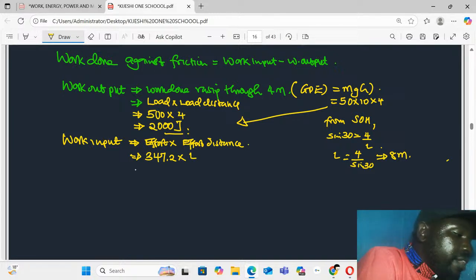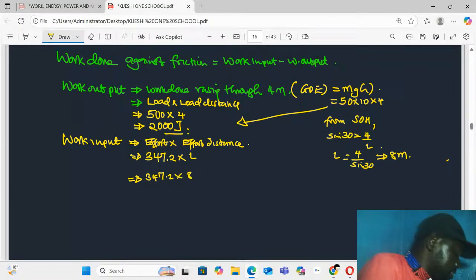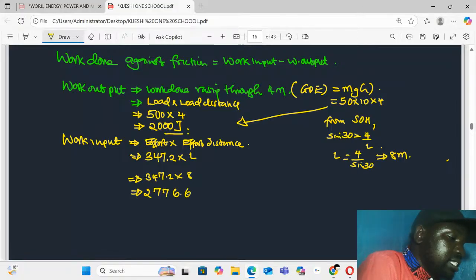So now this becomes 347.2 times 8, where we shall be arriving at 2776.6 joules.